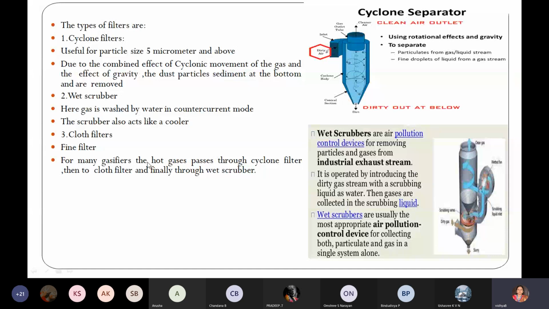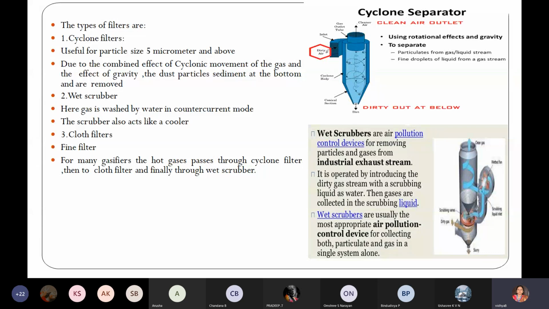The next process, after the cloth filter, is the wet scrubber. The cloth filter is a fine filter for many gasifiers. The hot gases pass through the cyclone filter, then to the cloth filter, and finally to the wet scrubber. First the gas goes to the cyclone filter, where some particles are removed, and fine droplets of liquid from the gas stream come out.